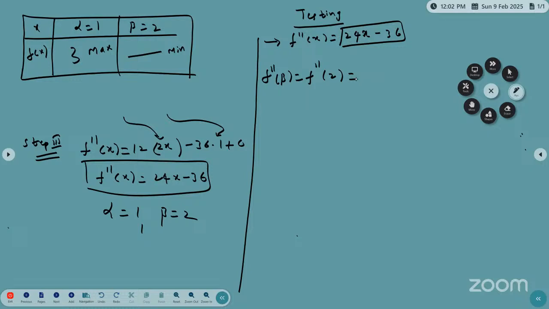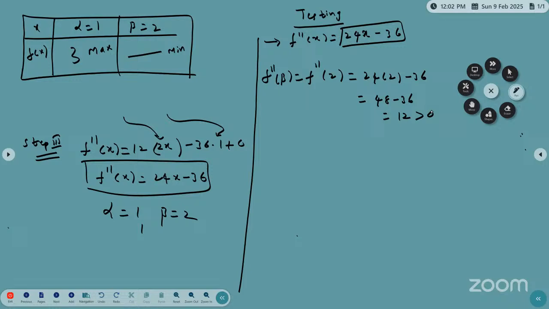Be like that only. What is the other stationary point? 2. What is the second stationary point? Substitute 2 here. What is it giving?